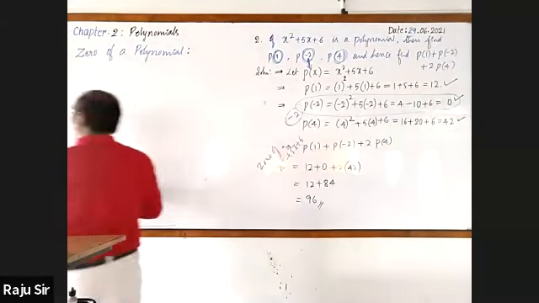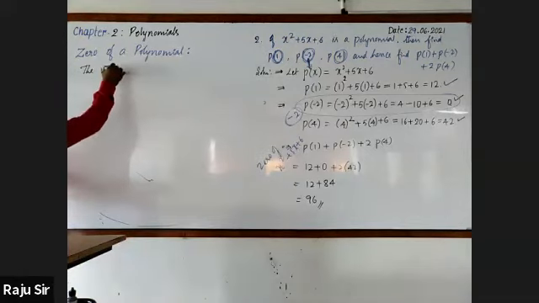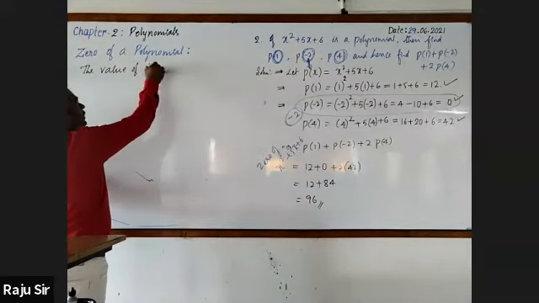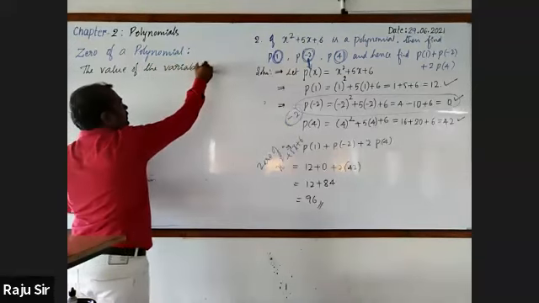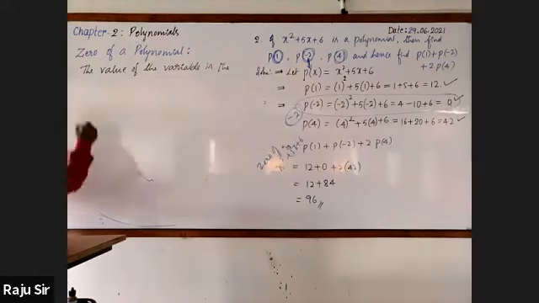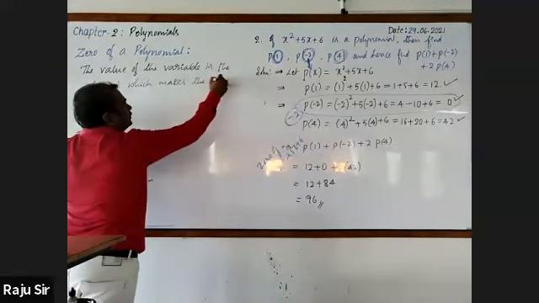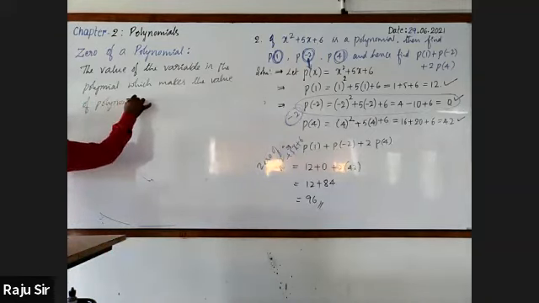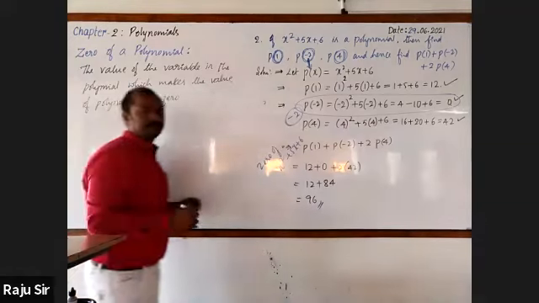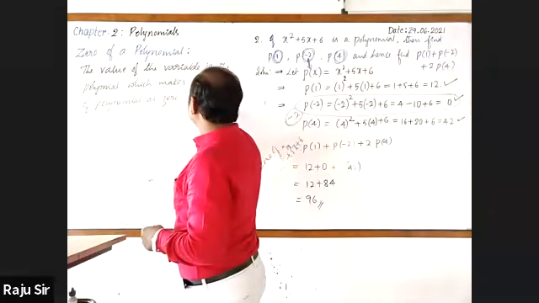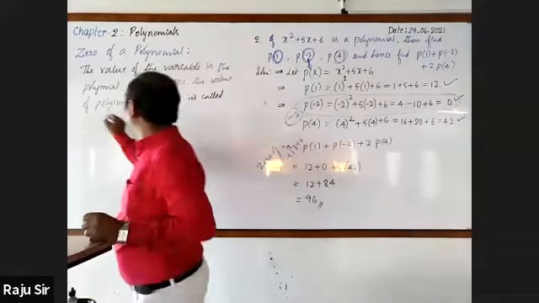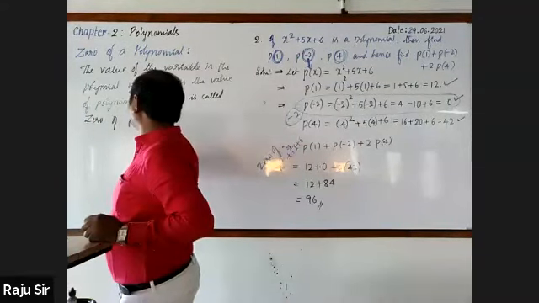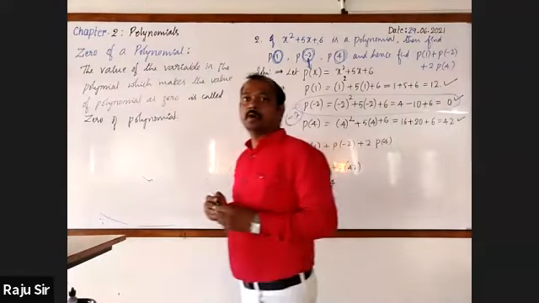The definition is: the value of the variable in the polynomial which makes the value of the polynomial as 0 is called the 0 of the polynomial. It's called the 0 of a polynomial.